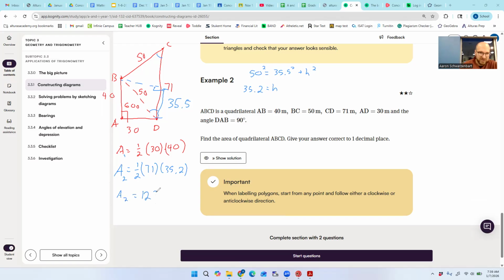And A2 equals 1,250. Actually very close to that too. So a total, I add them together, 1,850 units, meters squared.